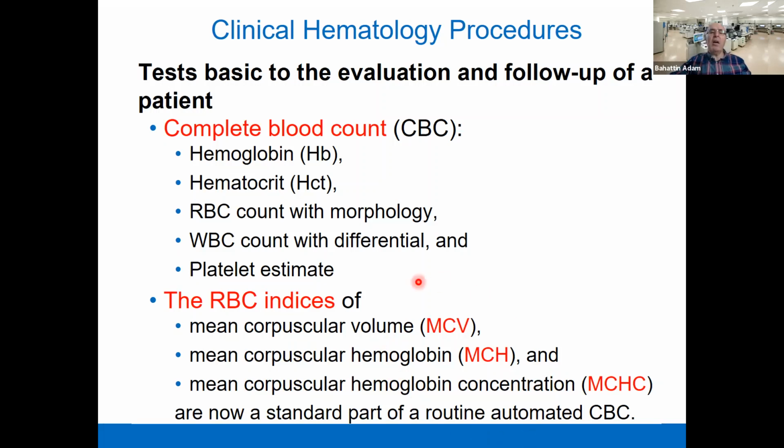There are several calculated parameters, but these are the most important parameters that we use in order to get a diagnosis and differential diagnosis of blood disease, or some other diseases also.